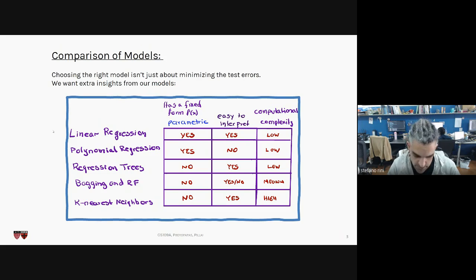And for sure, what has a very high complexity is k nearest neighbor, right? And here the complexity is both a computational and a memory complexity, but you can trade off between these two.